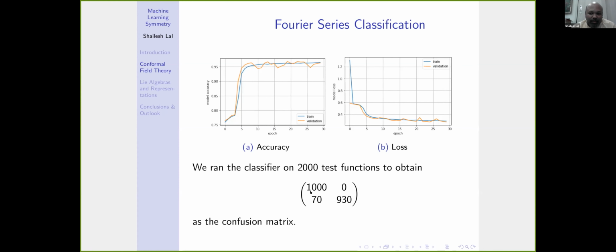The ijth element of the confusion matrix is the number of elements of class I that were identified to belong to class J by your neural network classifier. So again, if the classifier were omniscient, this would be completely diagonal, and the more off-diagonal terms there are, the worse the classifier is. So this, again, is not too bad.